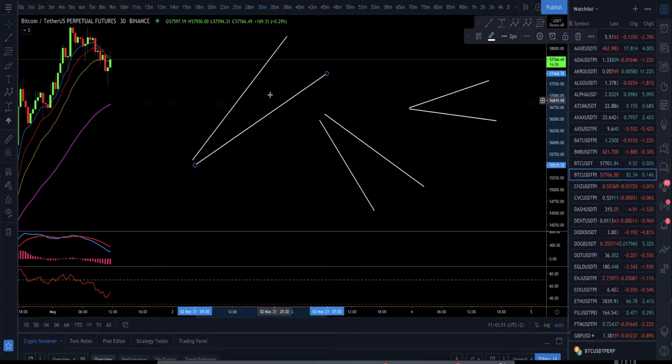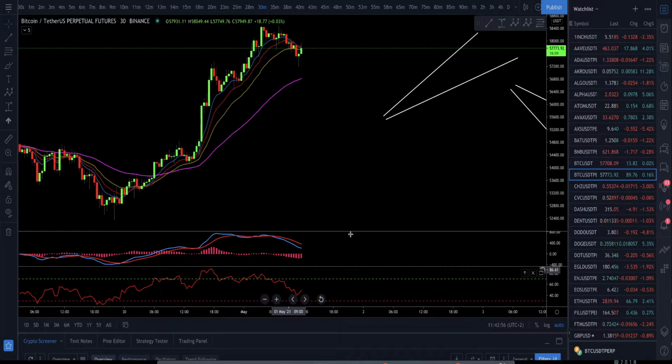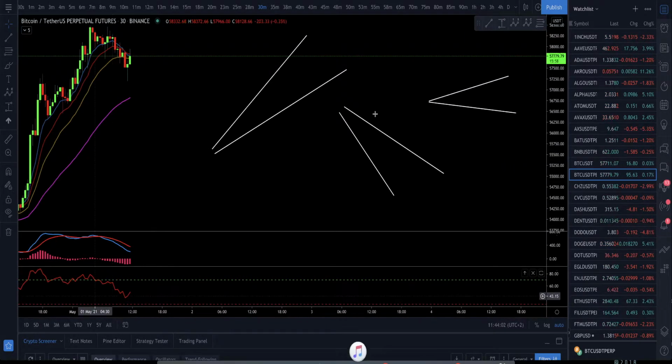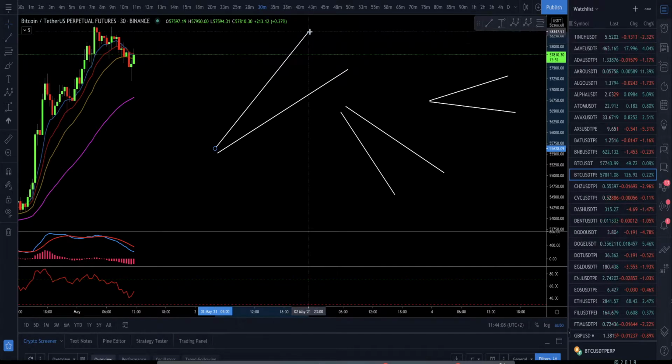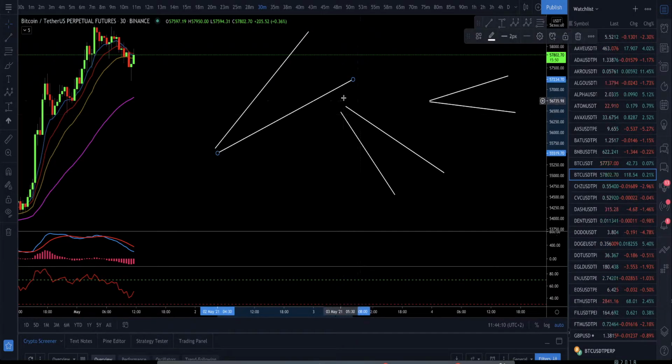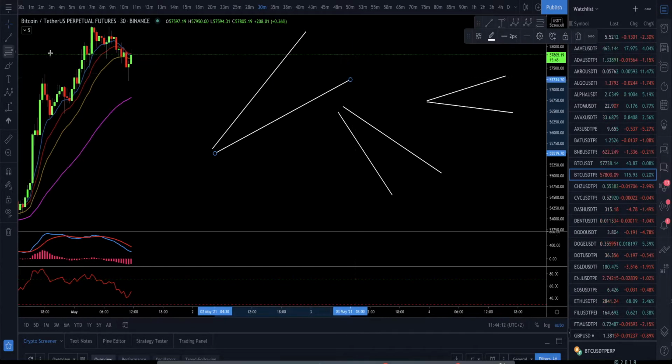So in this case you only use RSI also to use this strategy, and histogram doesn't matter. We only use wedges, Elliott wave, and RSI, reversed wedges. So yeah guys, how to do that?